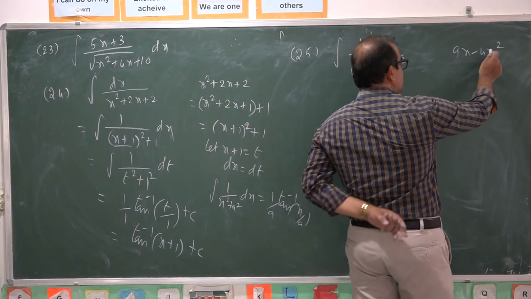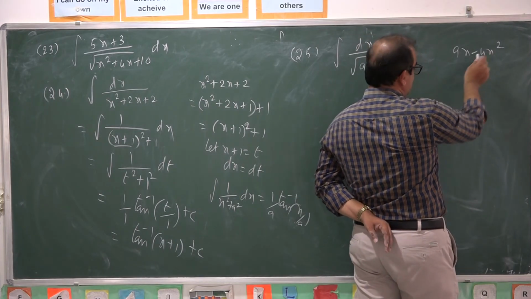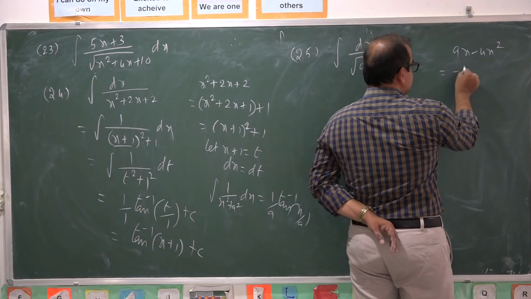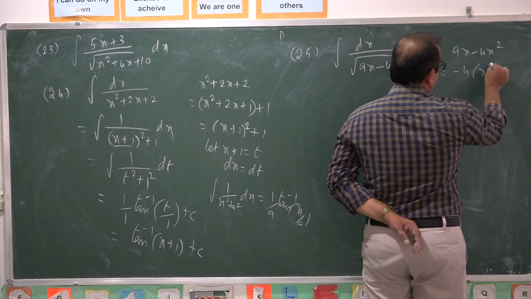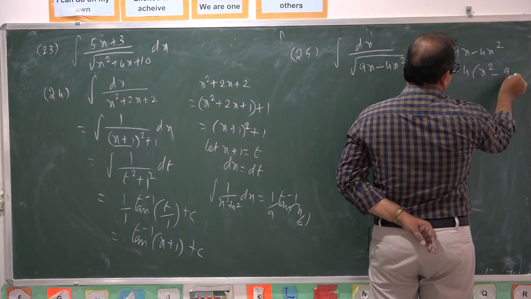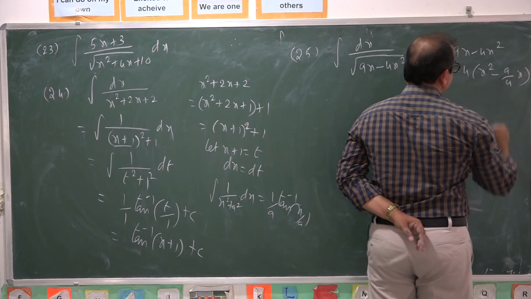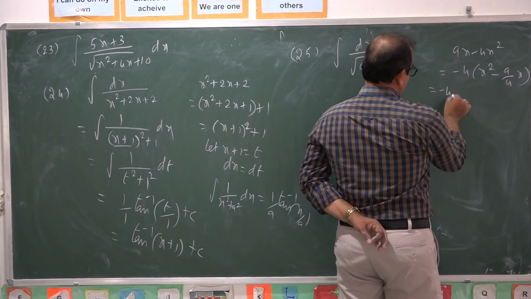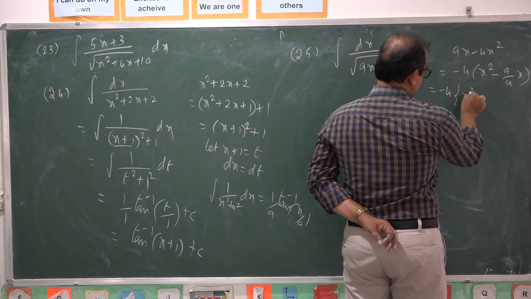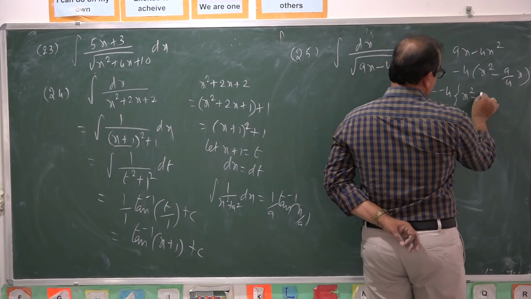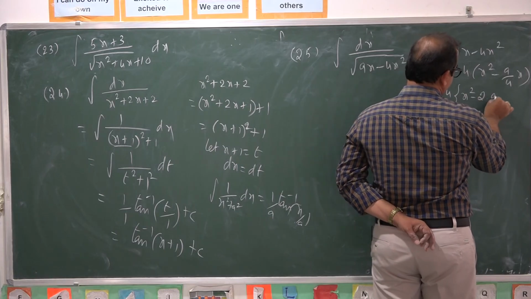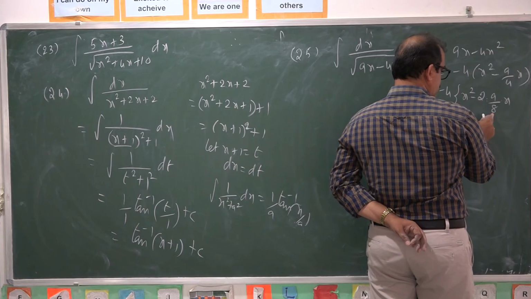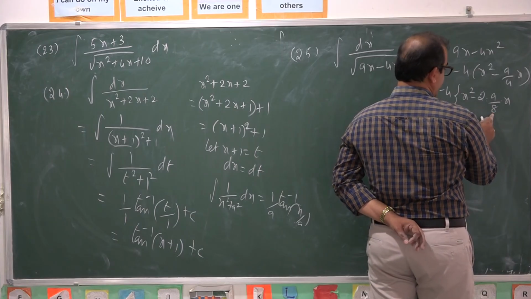What is the coefficient of x square? Minus 4. First we make the coefficient of x square 1. So you take minus 4 common. Minus 4 into x square minus 9 by 4 into x. Write it as x square minus 2 into 9 by 8 into x. 2 into 4, 8.